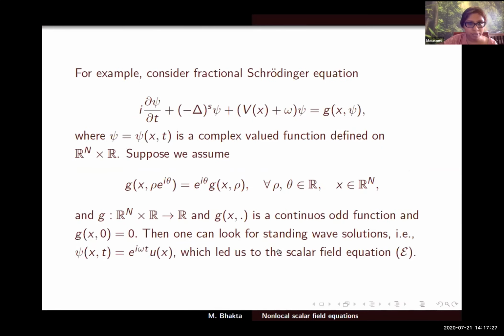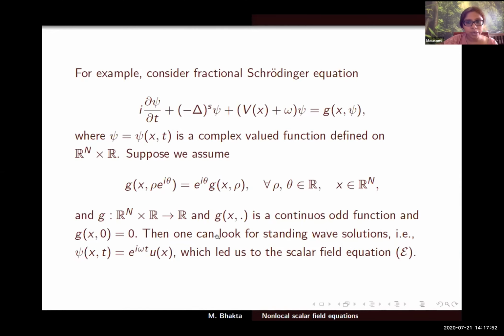More precisely, suppose you consider this Schrödinger equation, where psi is a complex valued function defined on R^n times R. Now suppose this nonlinearity g(x, psi) has this form: it's homogeneous in this variable and continuous, and it's assumed that g(x, 0) equals 0.